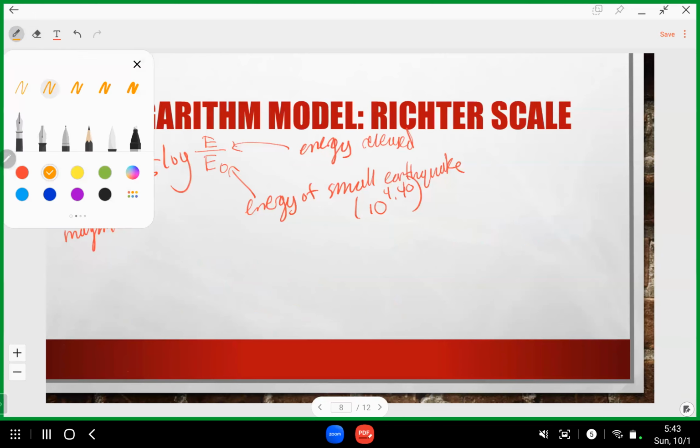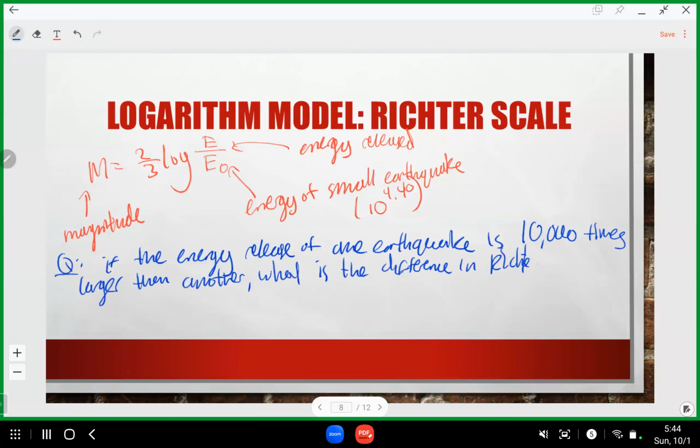So the question here is, if the energy release of one earthquake is 10,000 times larger than another, what is the difference in the Richter scale? Okay. So let's do that one.